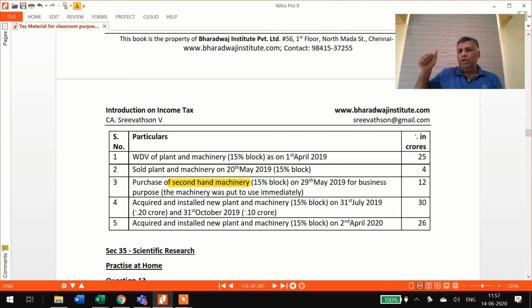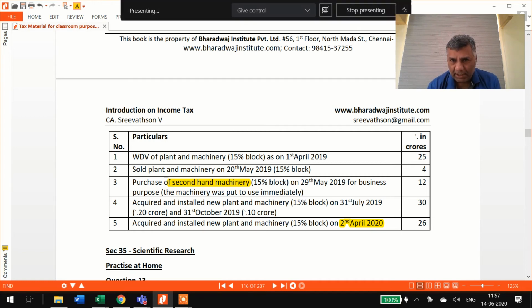Do the normal and additional depreciation for both years. Remember, this is year 2 because it is 2nd April 2020, so this will be coming in 2021, 1920, and here onwards 2021. Go ahead, try it out. You need not send me the answer, just work it out and keep it, I will check.